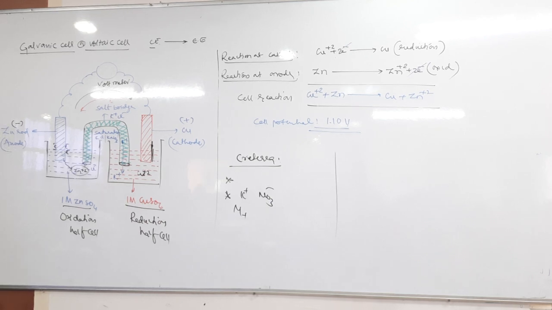Next point, in oxidation half cell, zinc rod undergoes oxidation to form what? Zn+2 and electron.